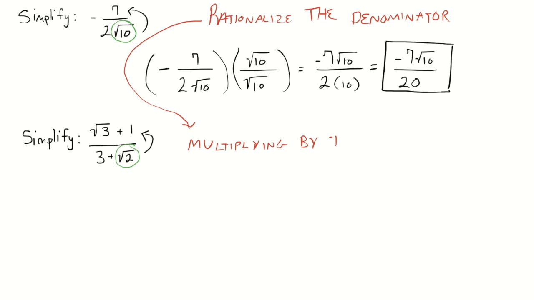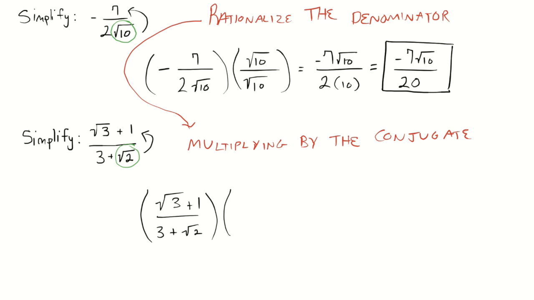And all the conjugate is, for all practical reasons, looks like this. We're going to take rad 3 plus 1 over 3 plus rad 2. We're going to multiply by 3 minus rad 2 on the top, and 3 minus rad 2 on the bottom.